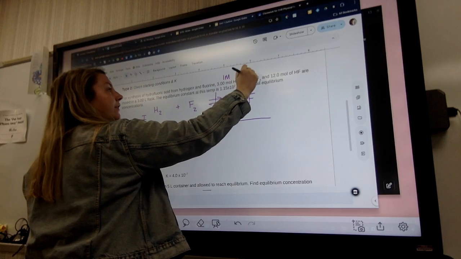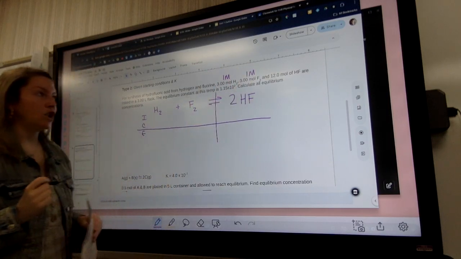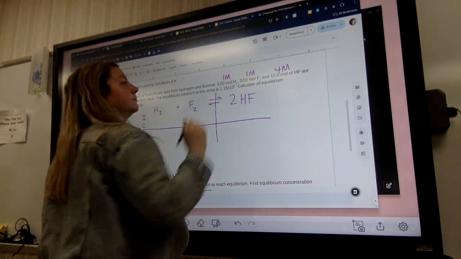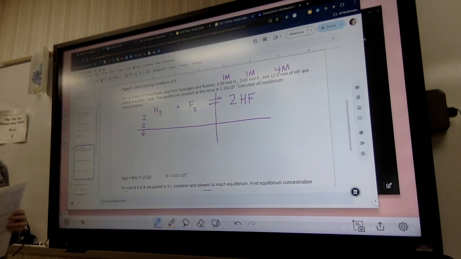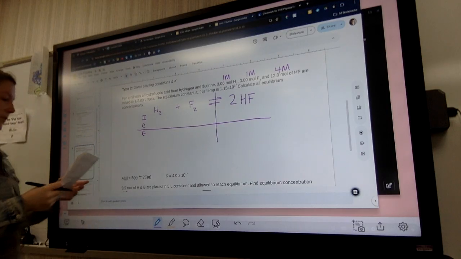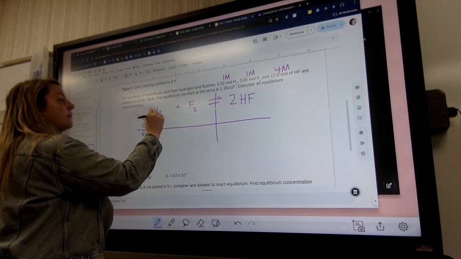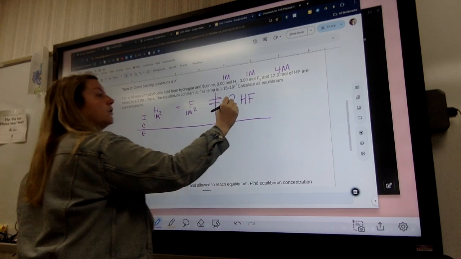Same thing with F2. Okay, what about for HF? 4. So always be watching for that. Sometimes they'll give you the molarity. In this case, they give us moles. It is in a 3-liter flask, so we have to change that. So let's go ahead and fill in our initial conditions. So we have 1 molar, 1 molar, 4 molar.